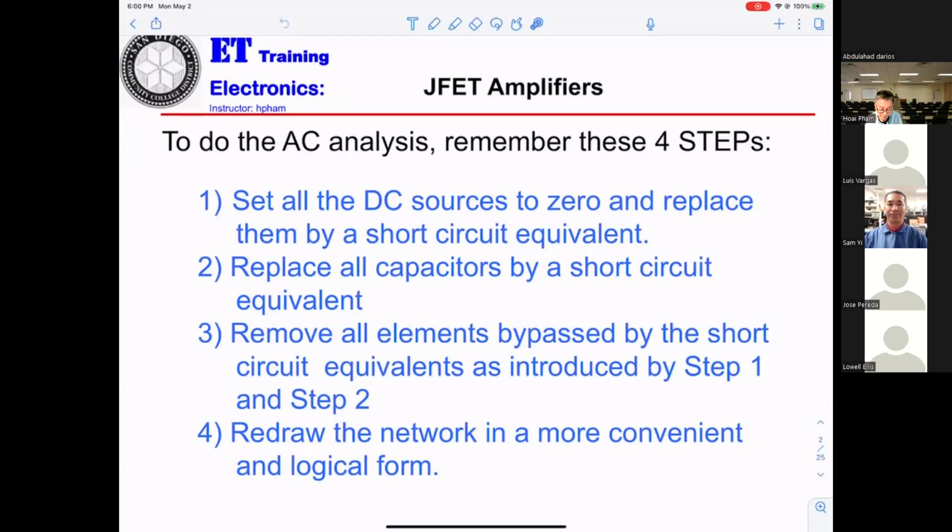Number 3, remove all elements bypassed by the short circuit equivalent introduced by step 1 and step 2. Redraw the network in a more convenient and logical form. That applies for either the bipolar transistor or the JFET.